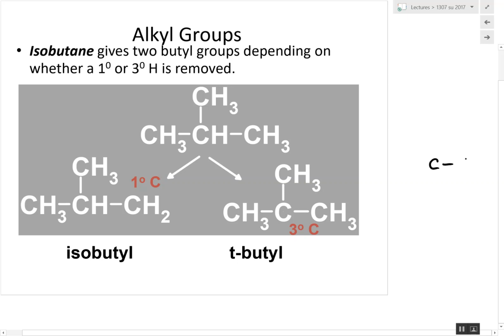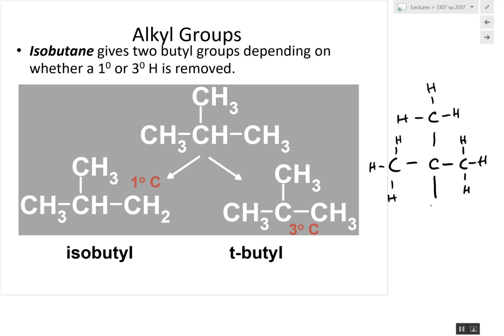So what does this thing look like? Kind of looks like this. Here's where it would attach to the chain, and you'd have a tertiary butyl group.